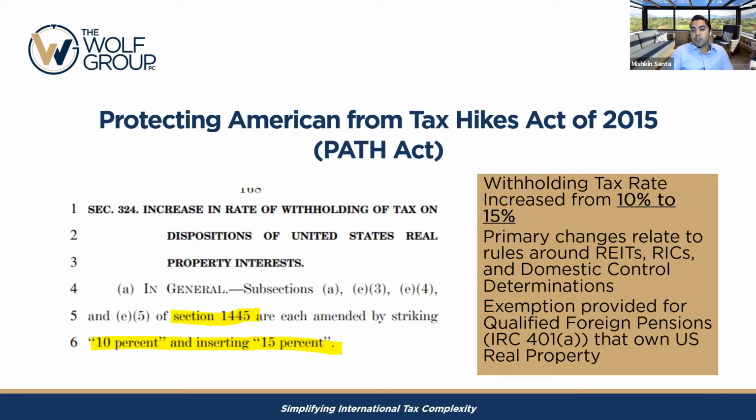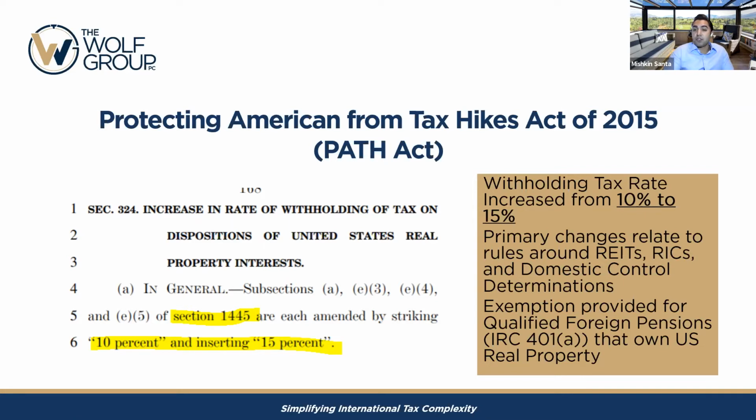Now, there are some other obscure changes occurring in the PATH Act related to FIRPTA about REITs and domestic corporations and foreign pensions. But really for individuals, which is what this presentation is geared for, you just have to know that the PATH Act increased the withholding rate from 10% to 15%.